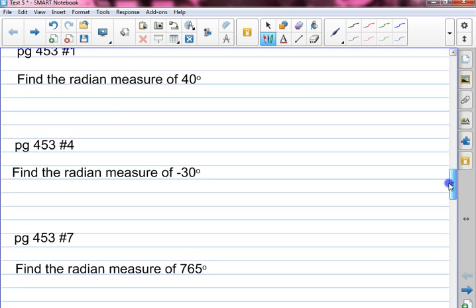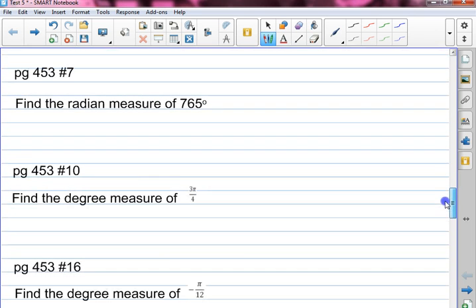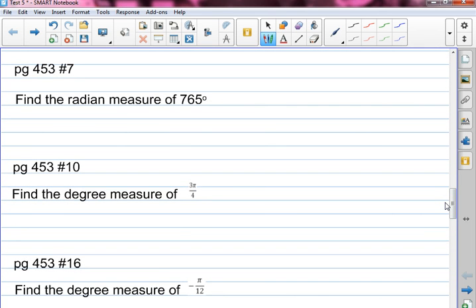So if I'm converting, let's do 765. If I'm converting 765 degrees to radians, you do 765 times pi over 180. When you multiply across fractions, you do 765 times pi, and then you have 180 on the bottom.